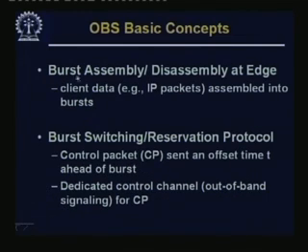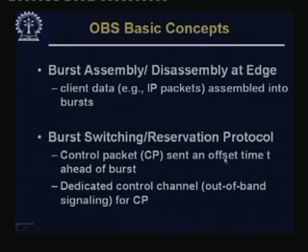So, we have to do burst assembly or disassembly at the edge. On the source side, the client data, maybe the IP packets which are the most dominant ones, are assembled together into bursts. And in the burst switching or reservation protocol, a control packet is sent an offset time t ahead of the burst.